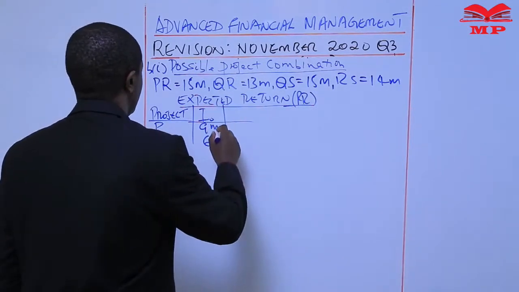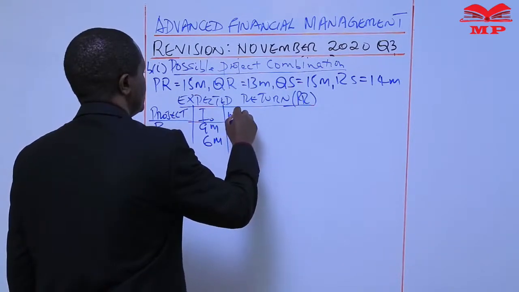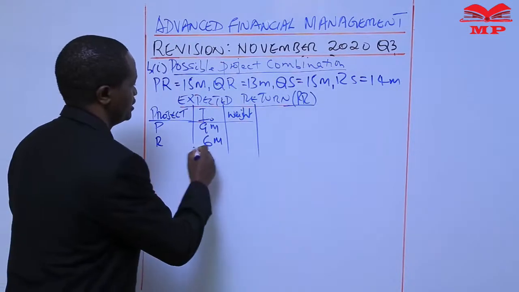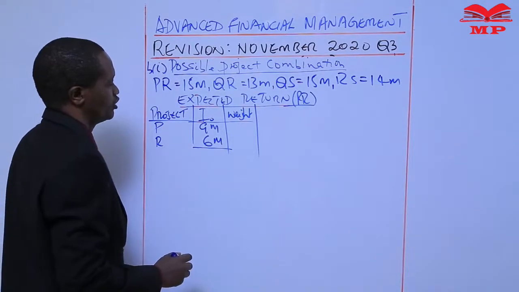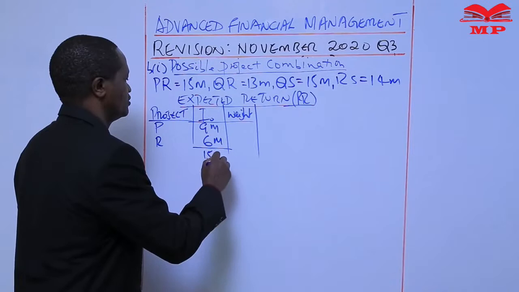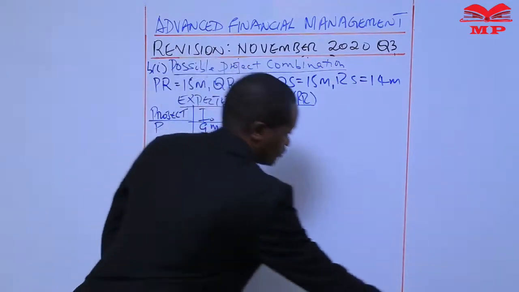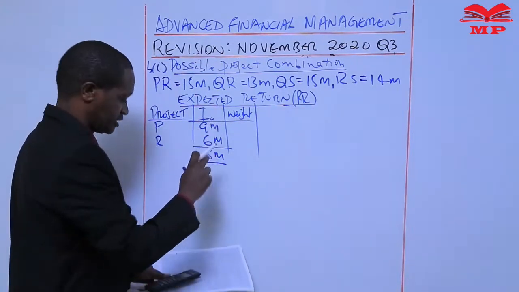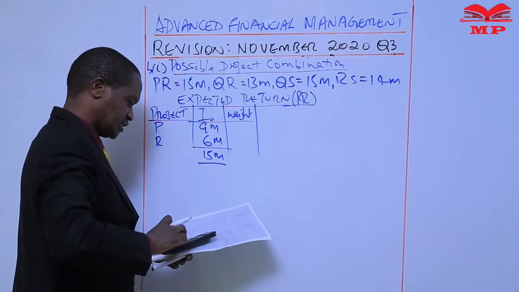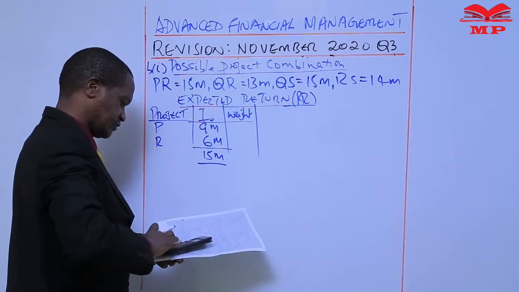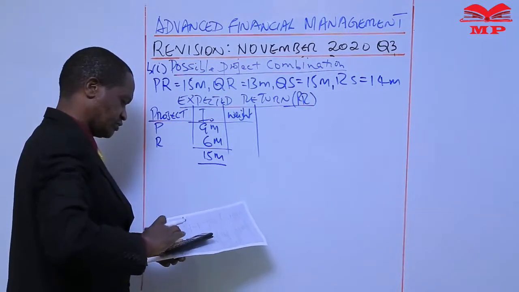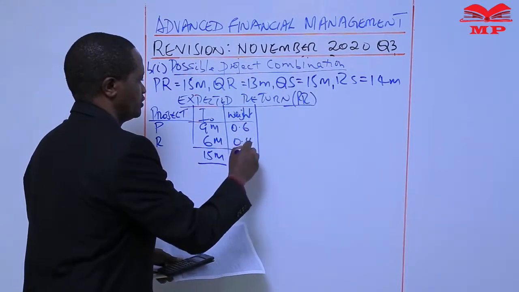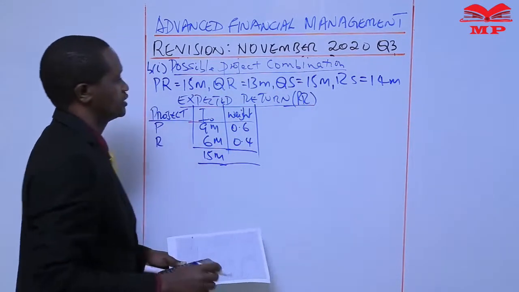Then you'll have the weight. The total is 9 million plus 6 million, 15 million. The weight for project P will be 9 million divided by 15 million, 0.6. Then 0.4 is the weight for the second project.